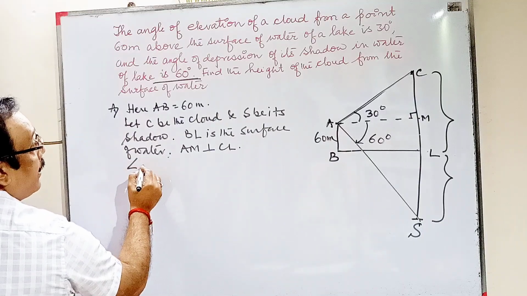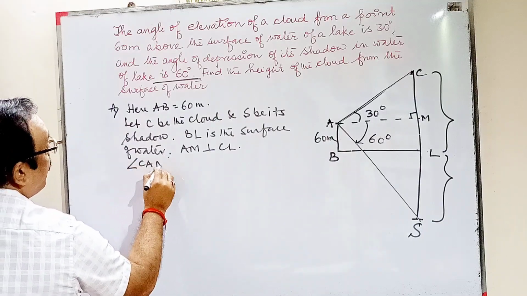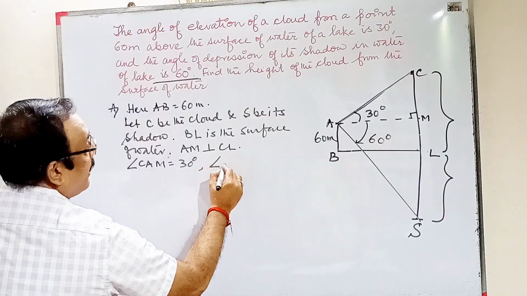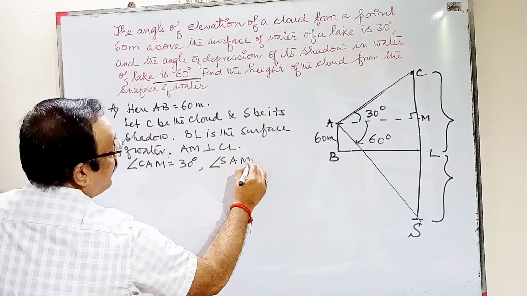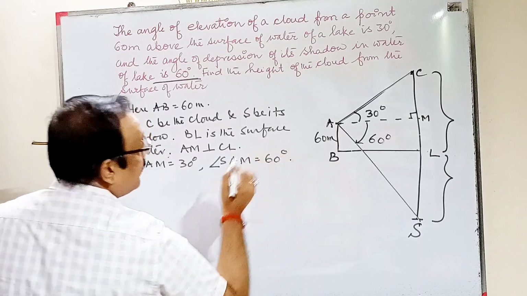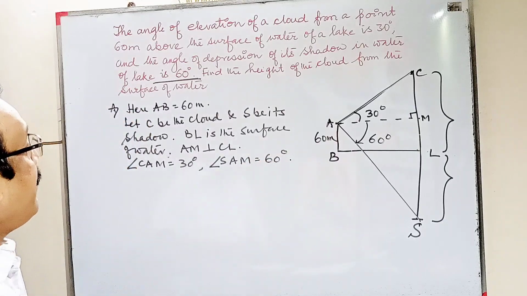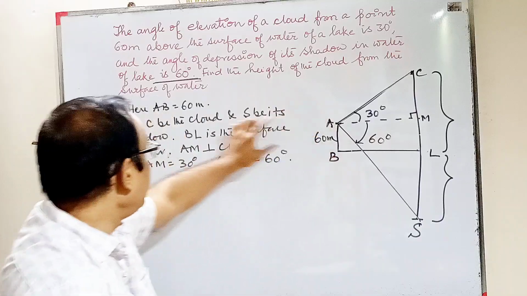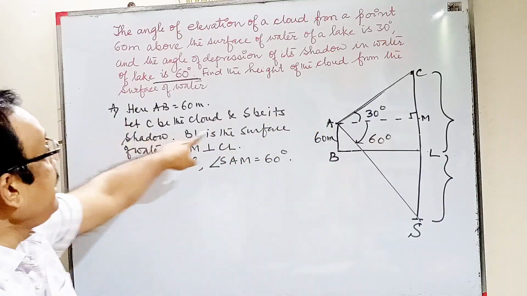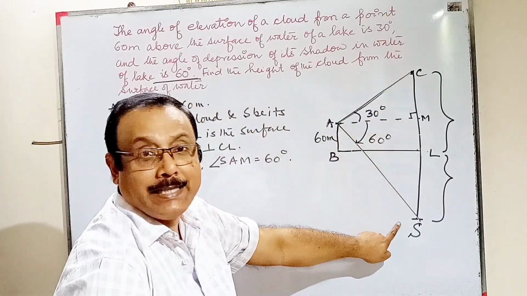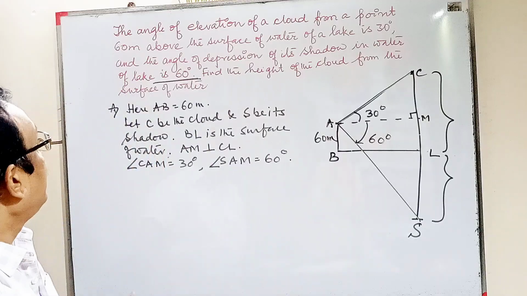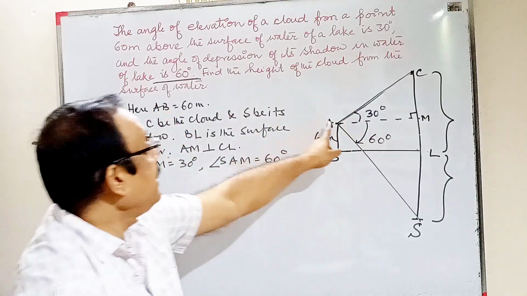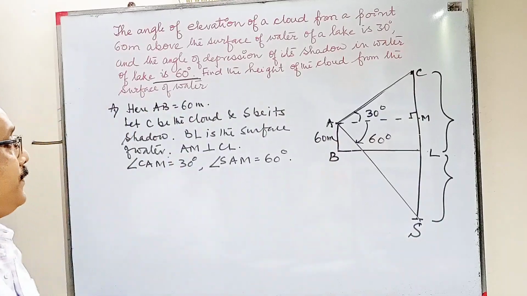Angle CAM is equal to 30 degree and angle SAM is equal to 60 degree. Check whether whatever has been drawn is what I have written. AB is 60 meter, C is the cloud, S is the shadow of it. This is 30 degree, this is 60 degree, and this line AM is perpendicular to CL.